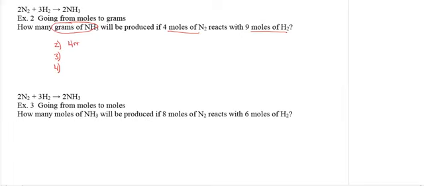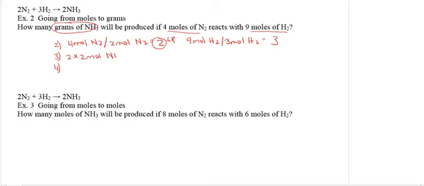So take your 4 moles of nitrogen, divide by the coefficient, which is 2 moles of nitrogen. That gives me 2. Do the same thing for hydrogen. 9 moles of H2, divide by the coefficient, which is 3 moles of H2. That gives 3. This is smaller. Limiting reactant. Take that 2, multiply by the coefficient of what I'm looking for. So that'd be a total of 4 moles of NH3.